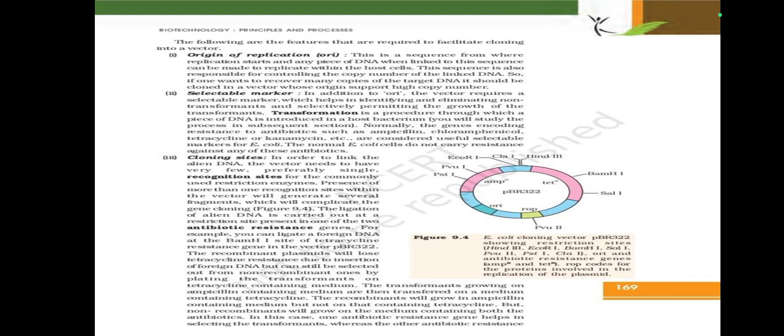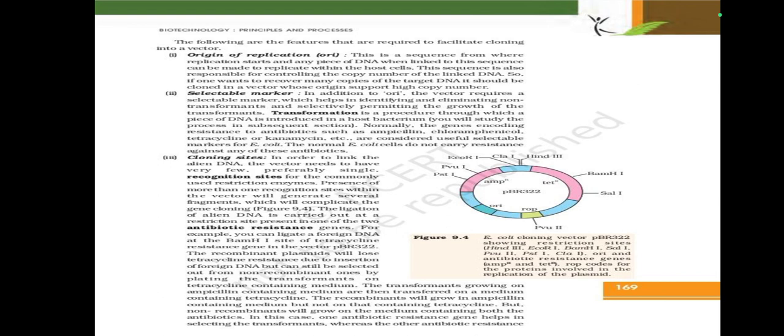This is a sequence from where replication starts, and any piece of DNA when linked to this sequence can be made to replicate within the host cells. This sequence is also responsible for controlling the copy number of the linked DNA. So if one wants to recover many copies of the target DNA, it should be cloned in a vector whose origin supports higher copy number.